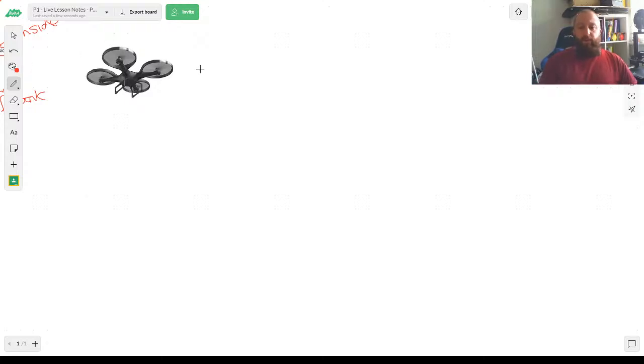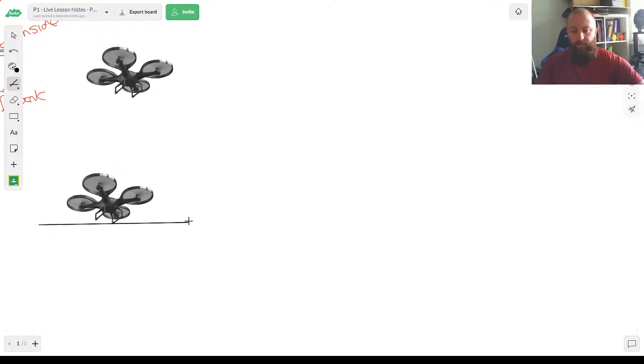Now, the first thing we want to identify is, let's assume to start with that my drone is on the ground. Okay, so we've got it on the ground, and it's not actually fired up at all at this moment in time.